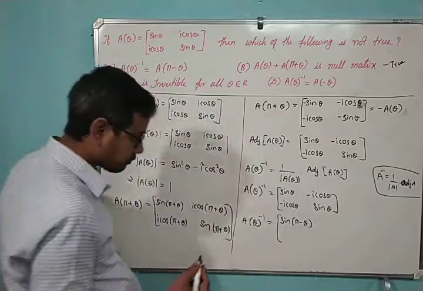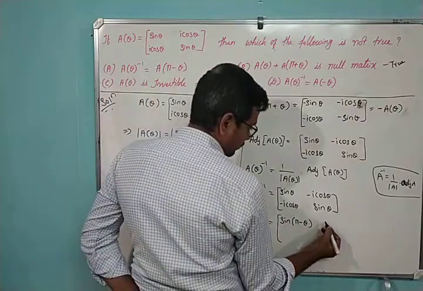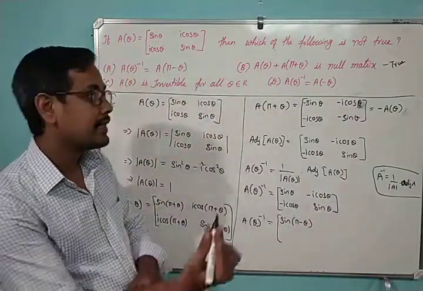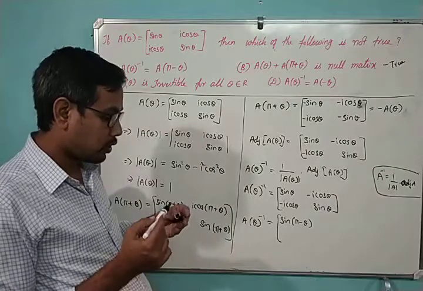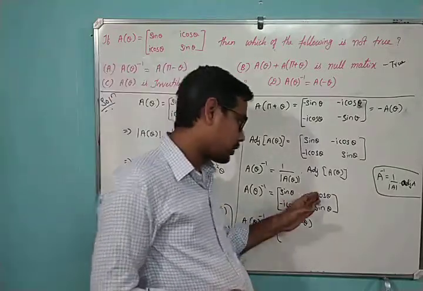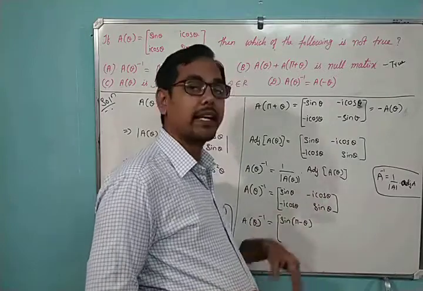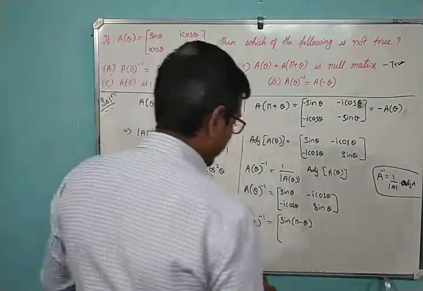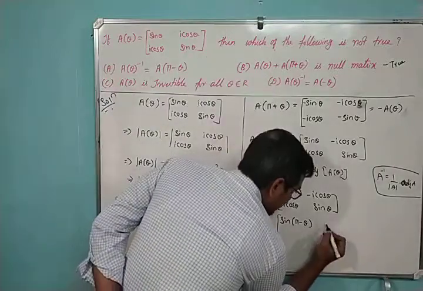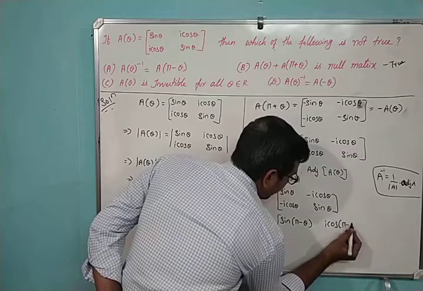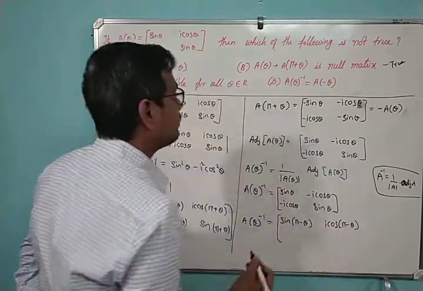And cos theta can be written as minus cos of pi minus theta, so that minus and minus cancel, and I remains as it is with cos of pi minus theta.